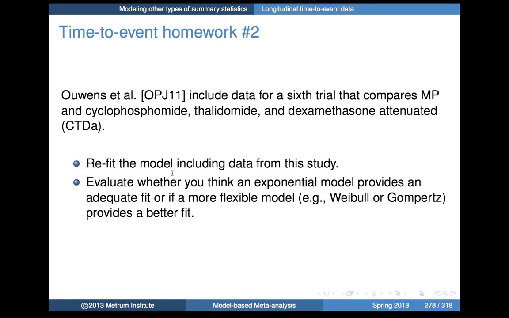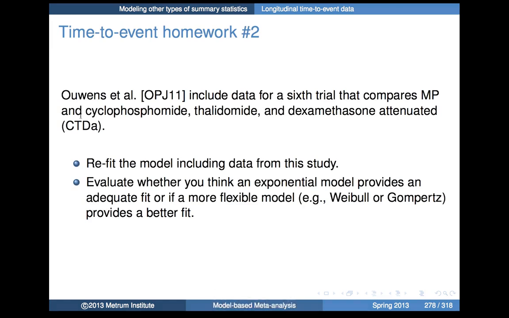Also recall that the data published in Neuvin's paper includes a 6th trial, which compared MP to cyclophosphamide, thalidomide, and dexamethasone attenuated, which they abbreviate in the paper as CTDA.